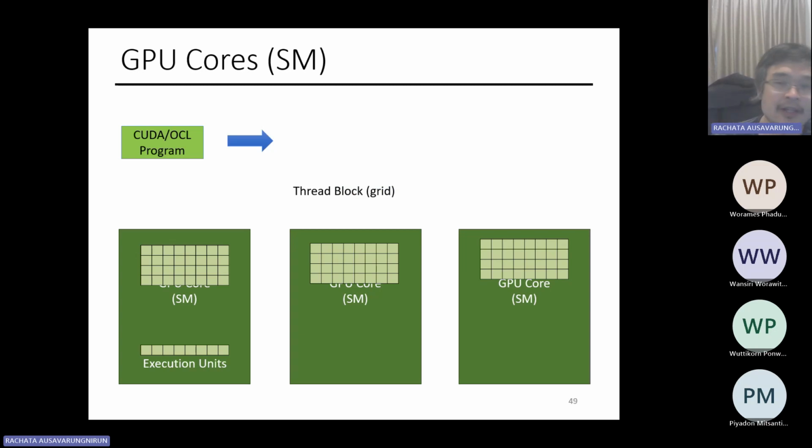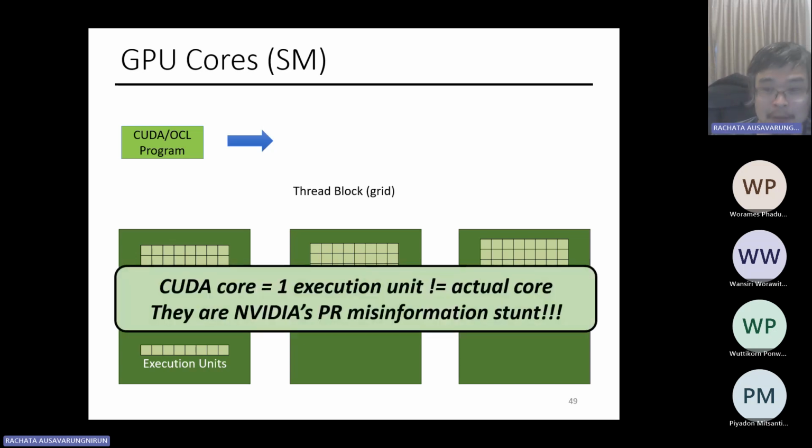One quick note here: you see that the core is the SM. If you buy a GPU, you might see something called a CUDA core. I would say that really should not be defined as a core, to be honest. It's like a PR misinformation stunt kind of thing. It's not an actual core. The actual GPU core is the simultaneous multiprocessor.